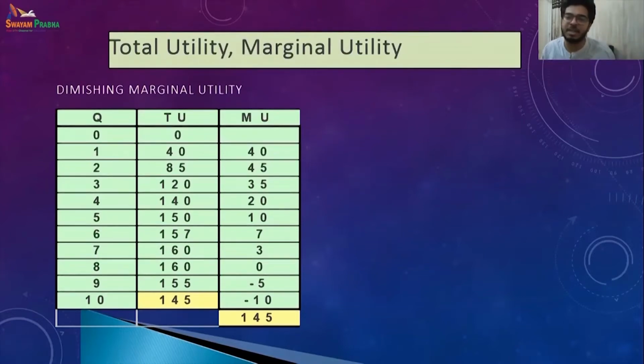My satisfaction did not increase after the seventh Rasgulla when I had the eighth. So the marginal utility is 0. My additional satisfaction gained is 0.